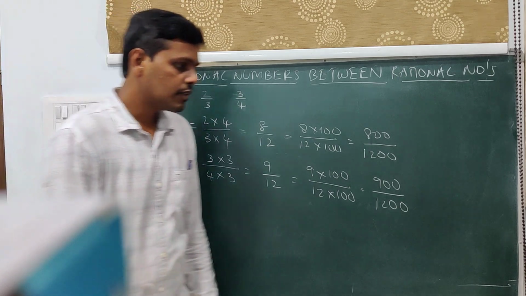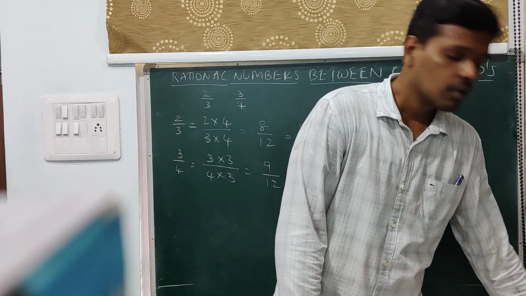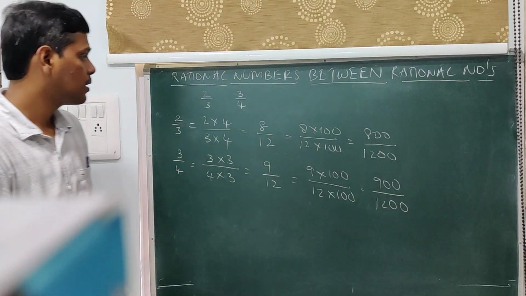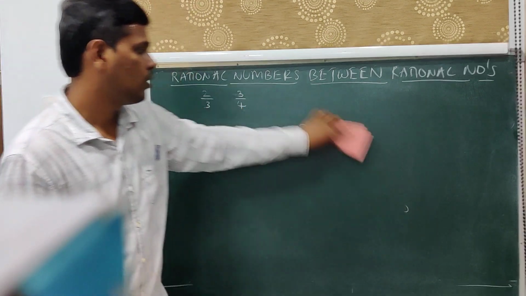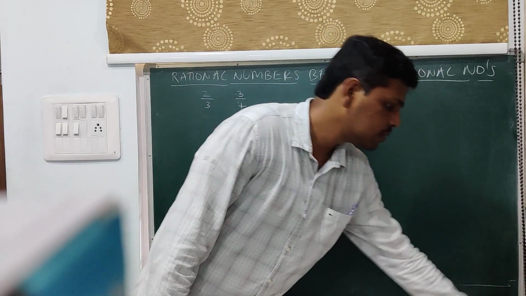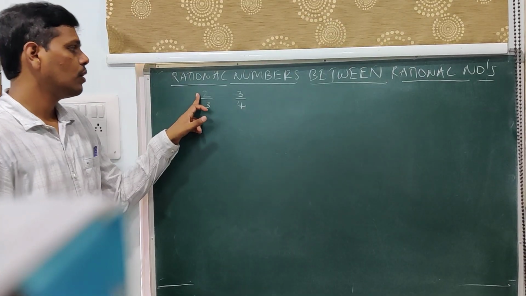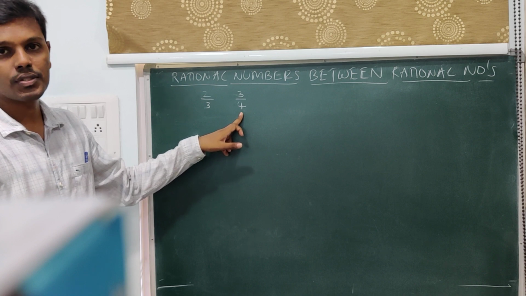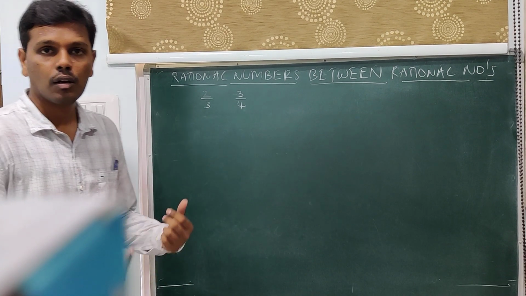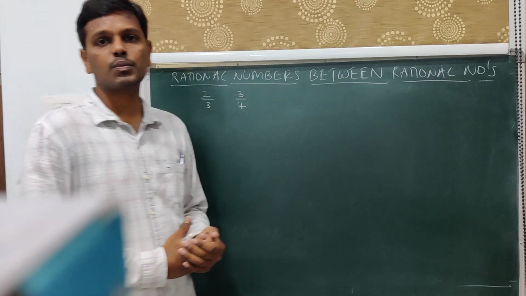So there is one more method, as I have told you at the outset, that is your division. What we do is we try to write these numbers in their respective decimal expansions. Now 2 by 3, 3 by 4, we write into their respective decimal expansions.